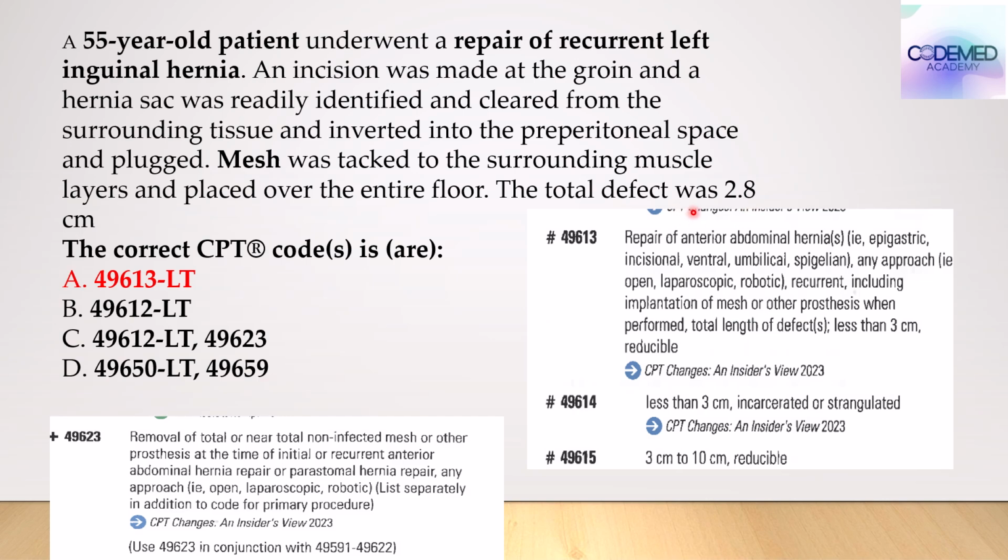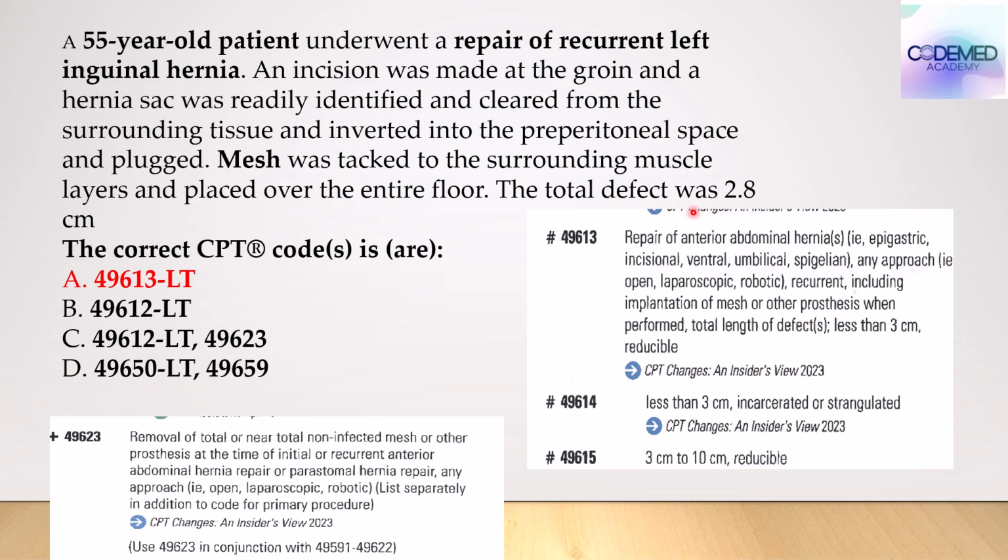Now, according to the new code, what we look for is the type of the hernia, whether it is initial or recurrent. We don't look for how the procedure has been carried out, and here it is carried out by the open method, but that is not a consideration. What is the consideration is the length of the defect, and our defect is 2.8 centimeters.